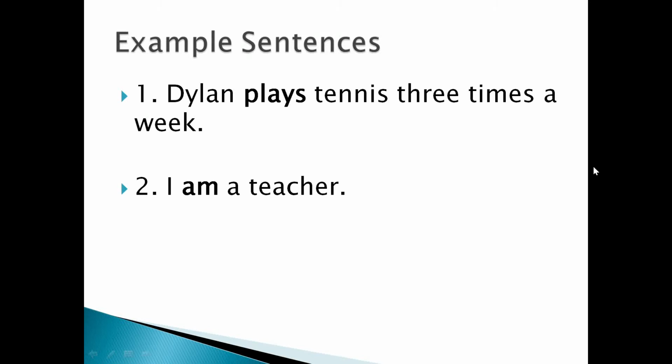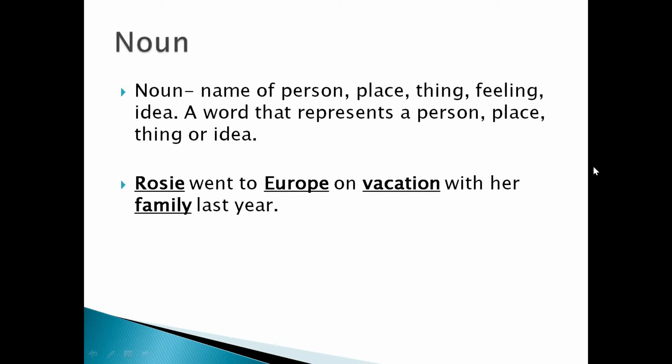Now let's take noun. Actually, it's a name of a person, place, animal, thing, feeling, or idea. Or in other words, we can say noun is a word that represents a person, place, thing, feeling, or any idea. Let's take a sentence as an example and try to find out how many nouns are there in this sentence.